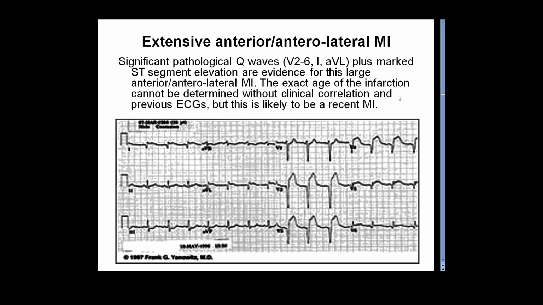Significant pathological Q wave from V1 to V6, plus marked ST segment elevation, are evidence for this large anterior anterolateral MI. QS in V2, V3, V4 is characteristic of transmural MI of the anterior wall, septum and apex.